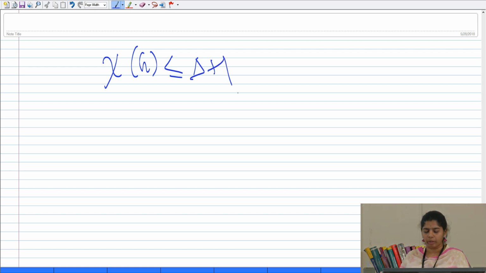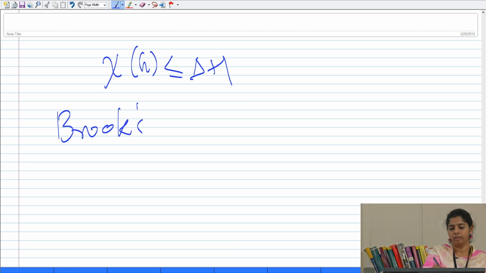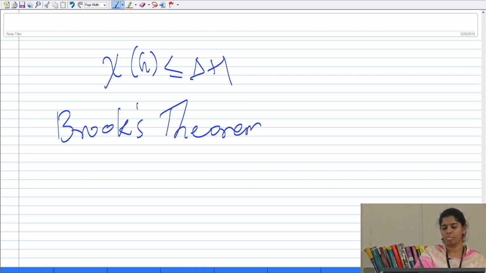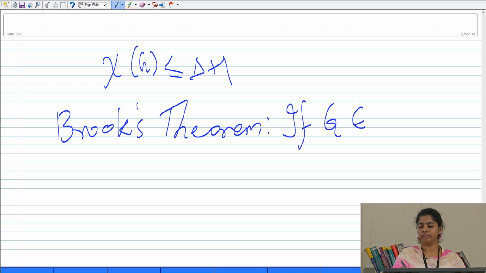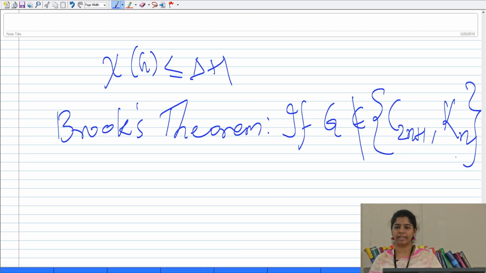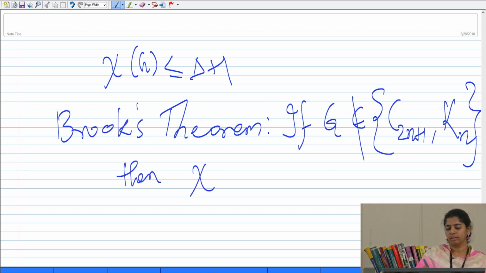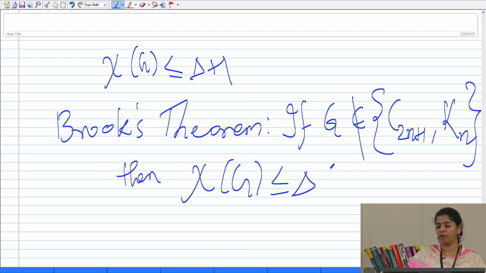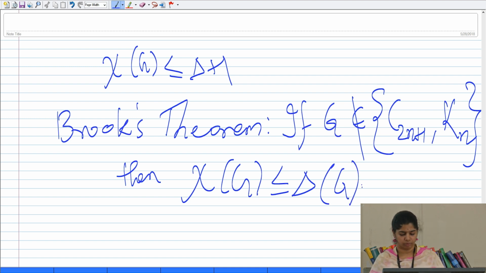So, this is the famous Brooks theorem, a theorem by Brooks which states that if G is a graph such that it is neither an odd cycle nor a complete graph, then chi of G is less than or equal to delta of G. Because these two are the special cases where we require delta plus 1 colors.